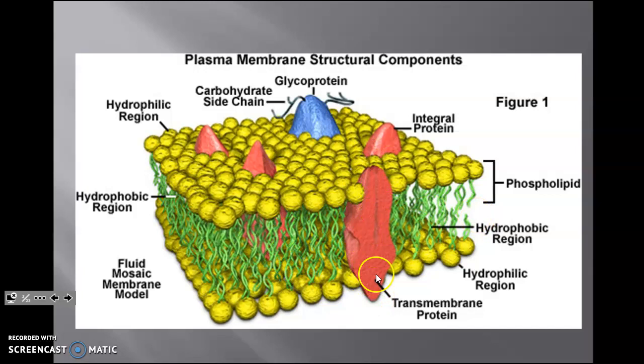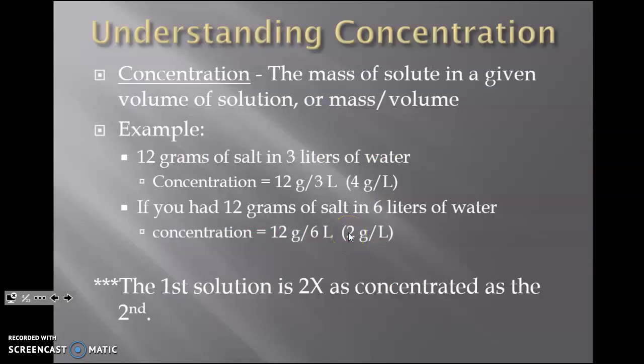Then you have these transmembrane proteins. It's called transmembrane because it goes across the membrane. And then you have the carbohydrate side chains off of here, and this is a protein as well. So these proteins in here, they're embedded in there so that transport can occur. We're going to look at that in a second. And these little side chains here are for recognition of this cell.